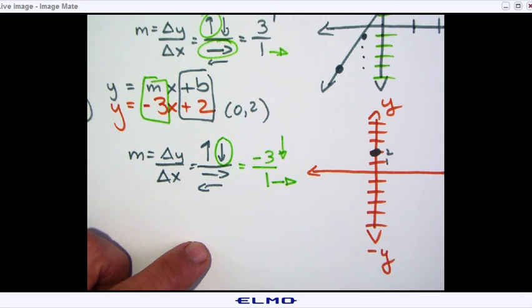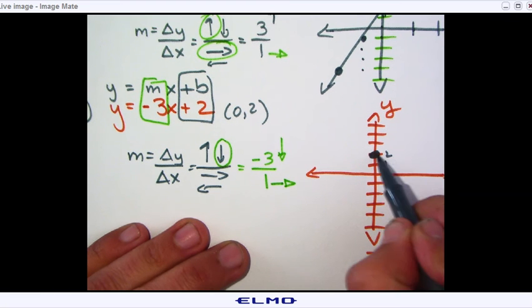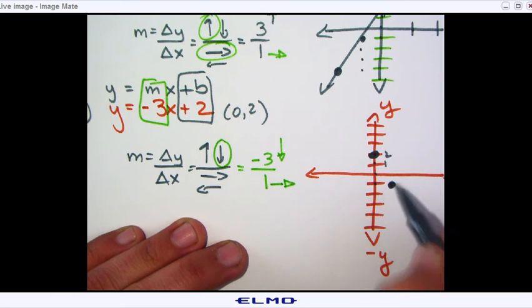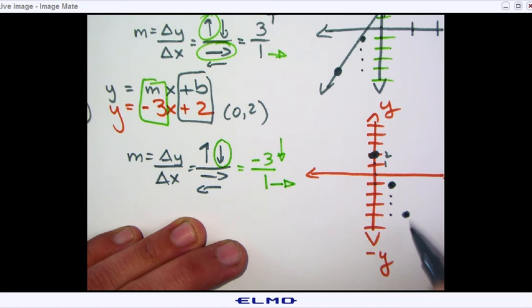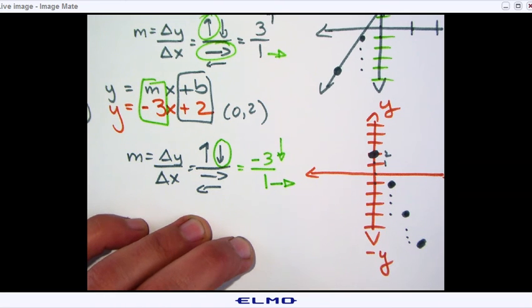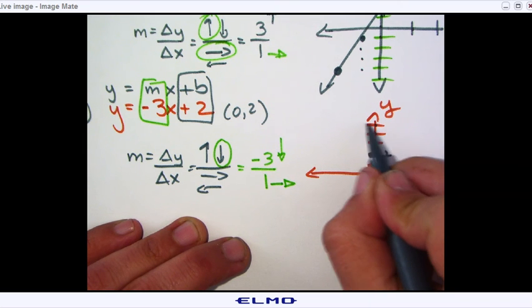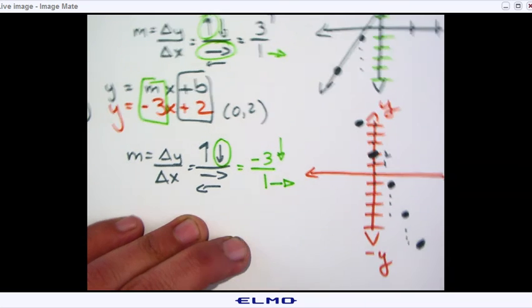Use your pen. 1, 2, 3, and 1. 1, 2, 3, 1. 1, 2, 3, 1. Now, nobody's stopping us because we got to go the other way. Up 3. Go. Left 1. That's good.